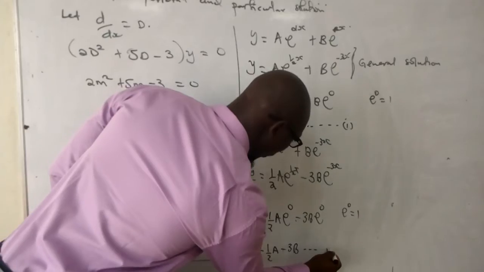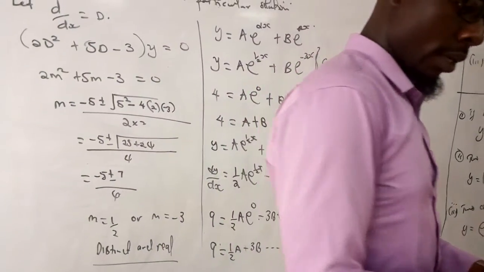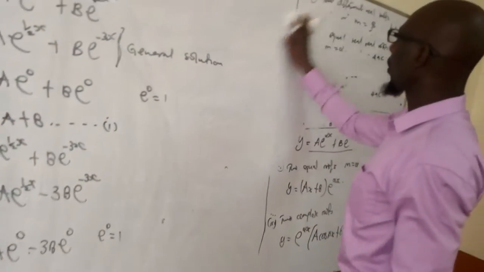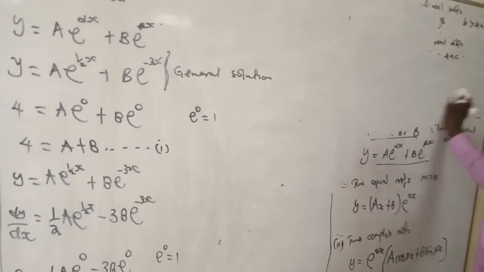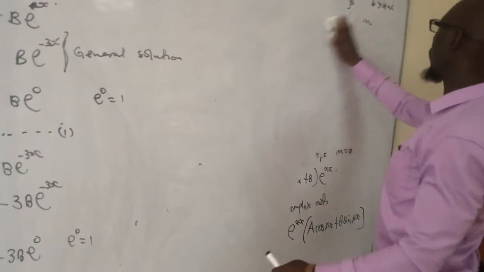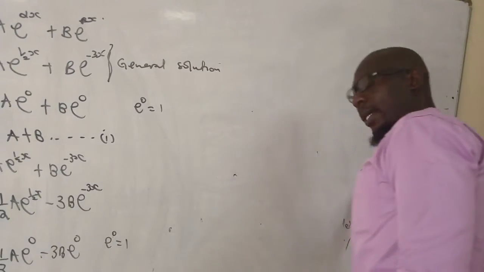So this one is our second equation. So we can solve for both a and b in that equation.